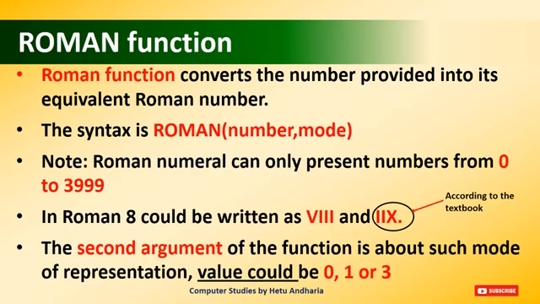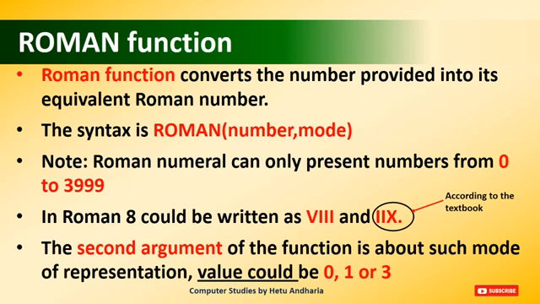There is no bigger number than that in Roman. Now in Roman, 8 could be written as VIII and IIX also. Now I don't agree with the textbook here. We never write 8 this way, IIX, right? But the textbook author is great, so he can imagine anything.